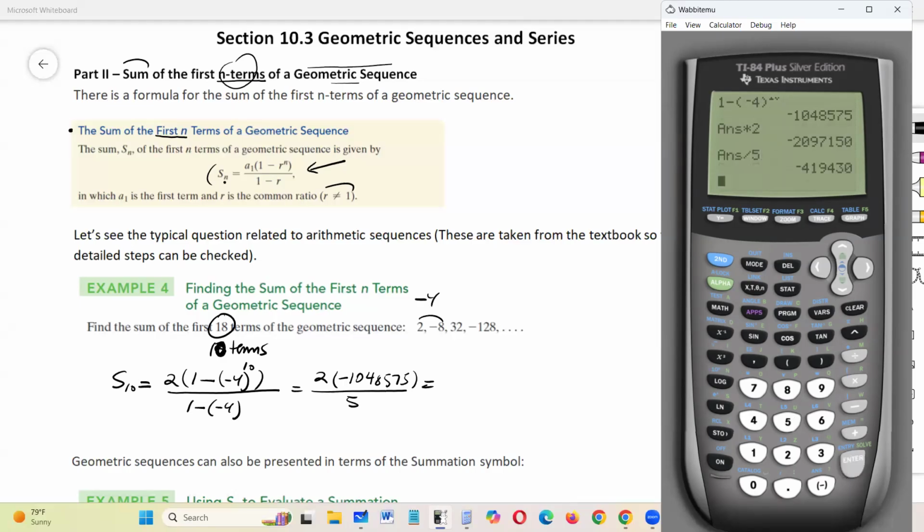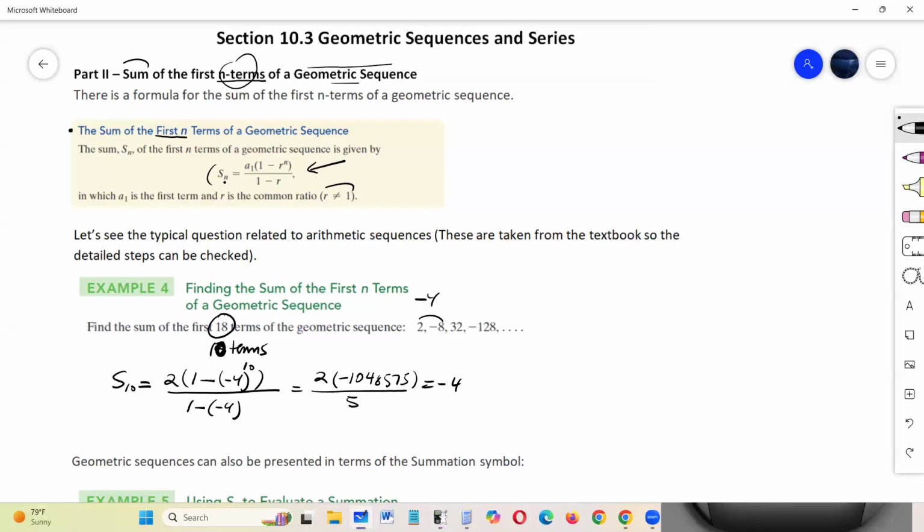So 41, 94, 30. There you go. So either a whole number or a fraction, never a decimal or scientific notation format number.